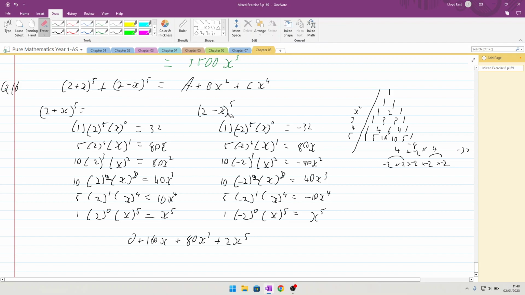This is 2 minus x. It's not minus 2's down here. They are all positive 2's, so they were all correct. It's minus x's.